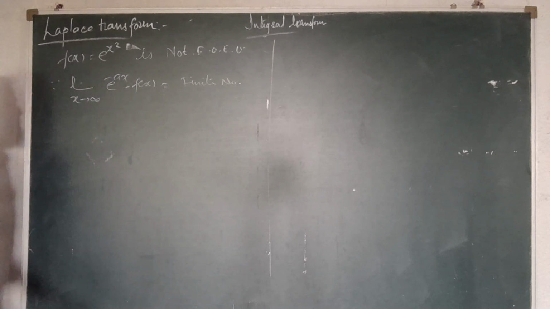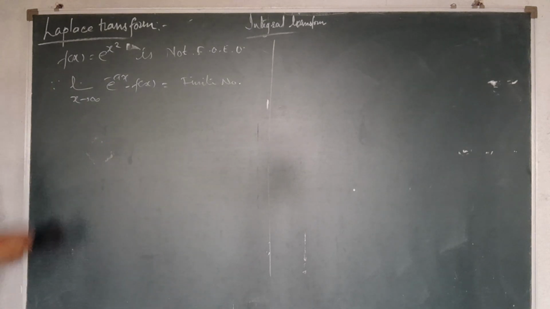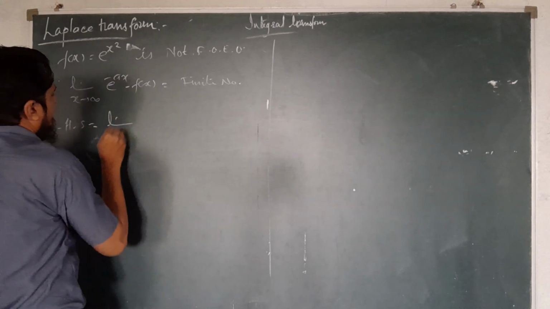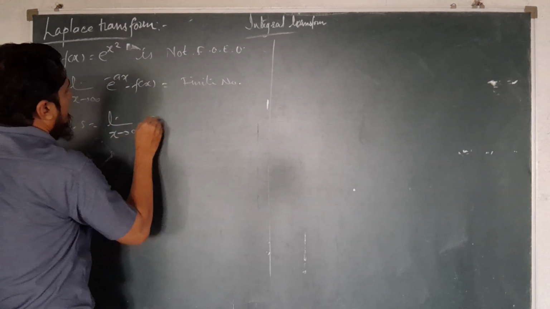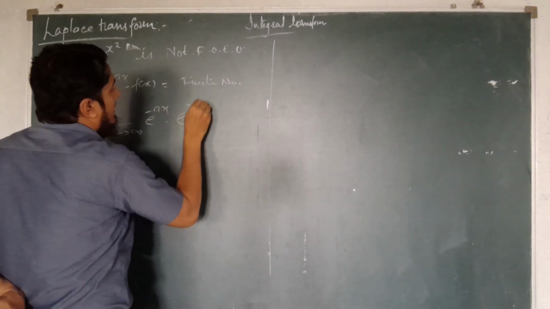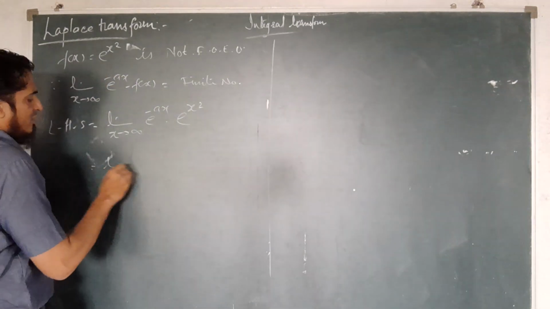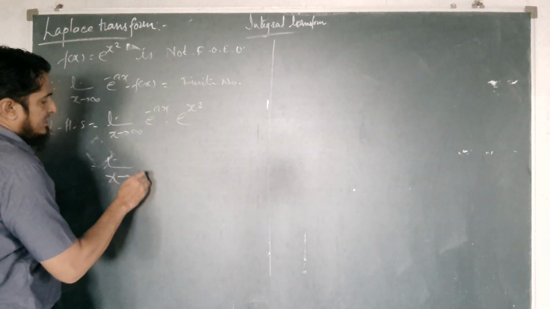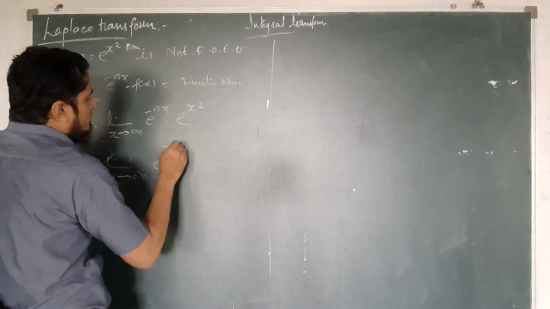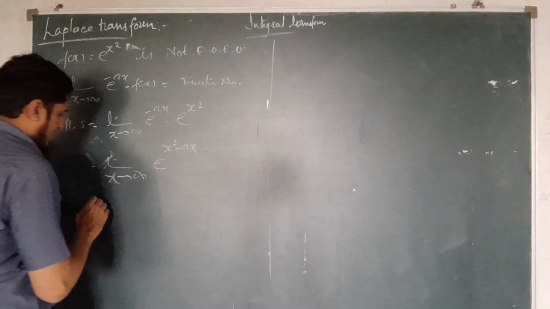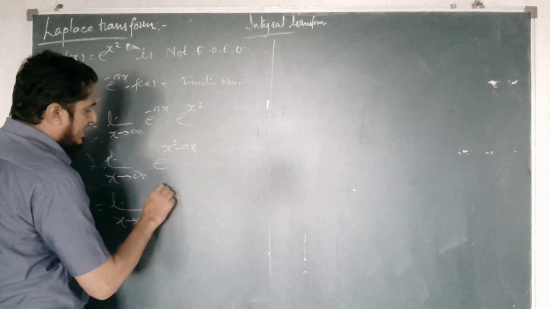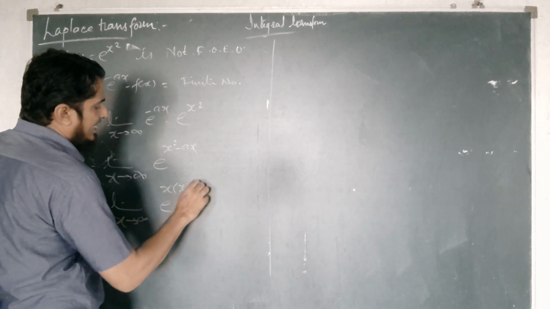So, just taking the left hand side, you will get the limit as x tends to infinity of e raised to minus ax, then e raised to x square. By the law of indices we can write it as the limit as x tends to infinity of e raised to x square minus ax, and taking x common we get x into x minus a.